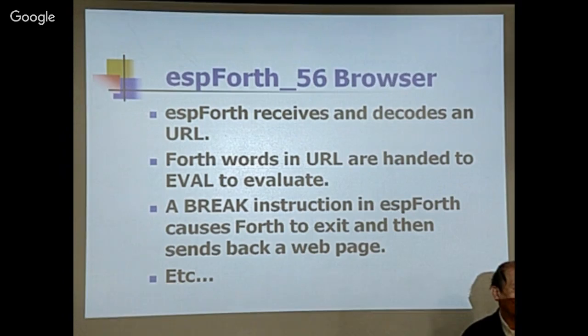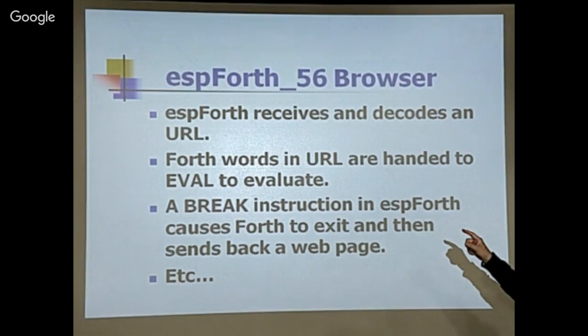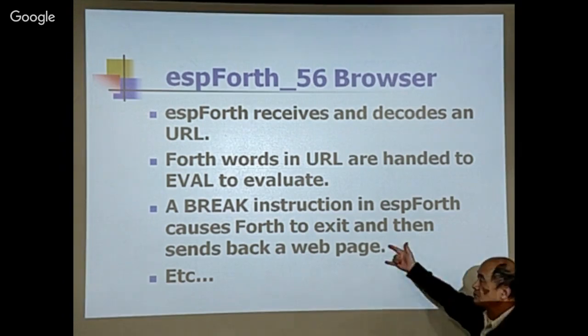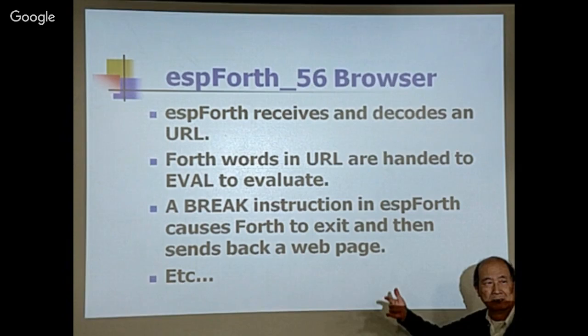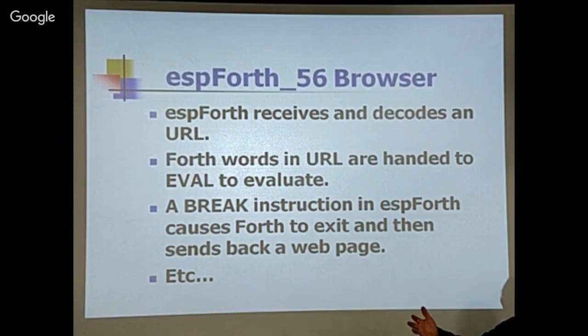The URL receiving part and the web page part, there's no way that you can write in Forth. But it's very easy to call in the Arduino C system. So if you establish this loop instead of the infinite loop in Forth, we get Forth embedded.